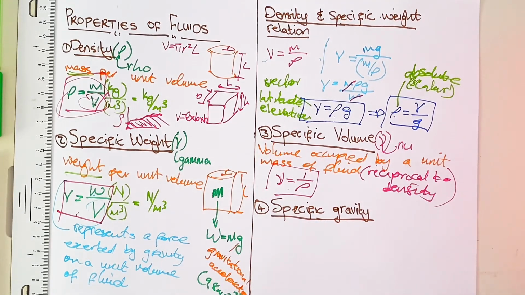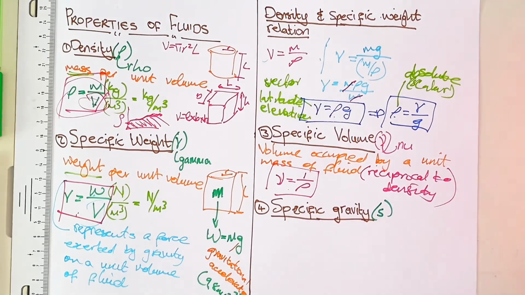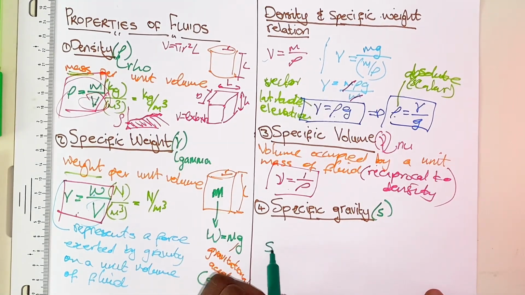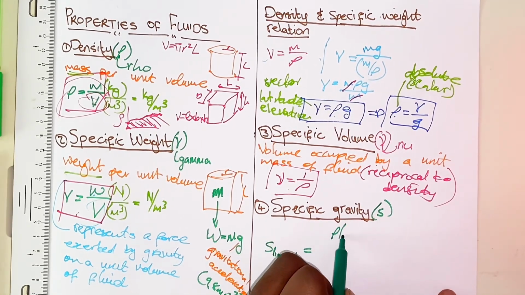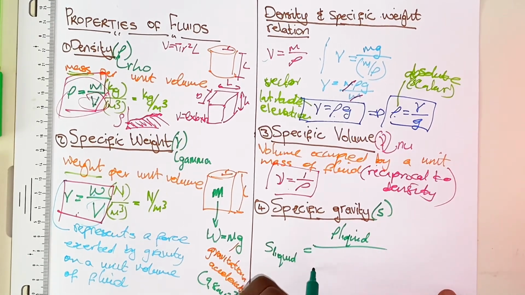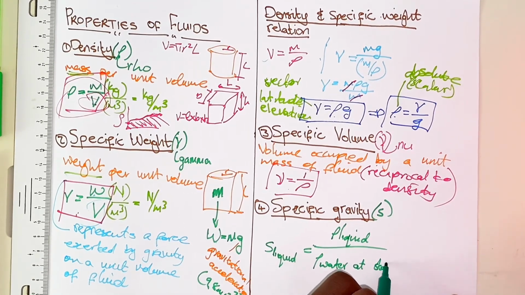Now with specific gravity, it's denoted by the letter small s. Now the specific gravity of a liquid is given by the density of that liquid over the density of water at standard temperature.